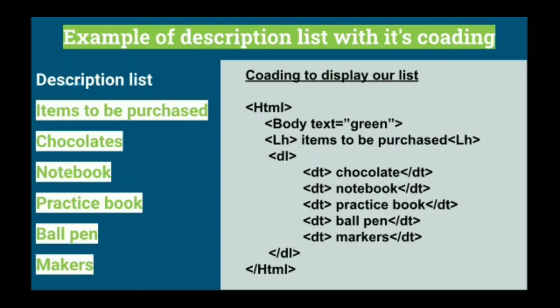Then closing DL tag and closing HTML tag. Then to see the output, save the file and double click on the file. The web page will be visible with the list items without any bullets, numbers or alphabets. So this is about the description list.